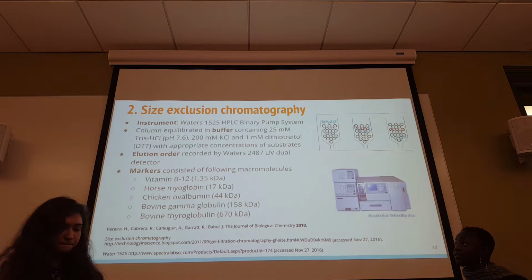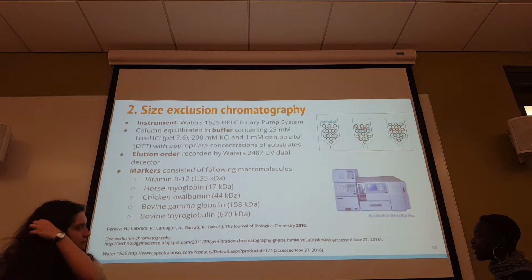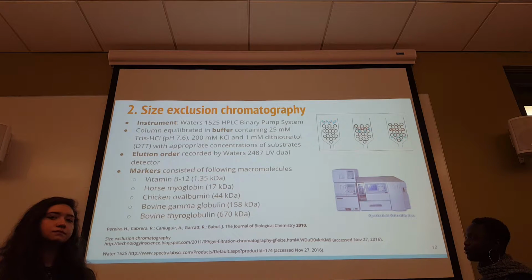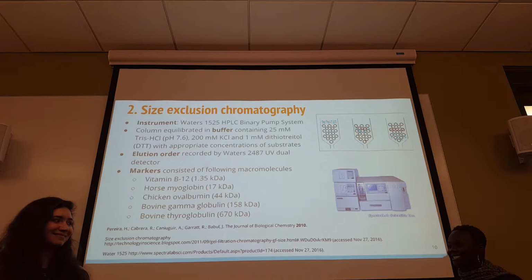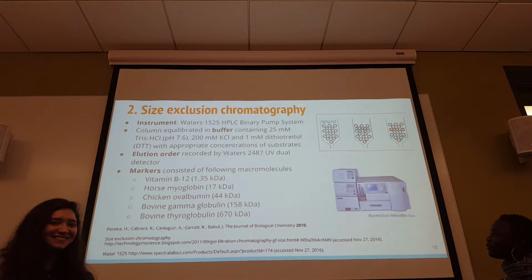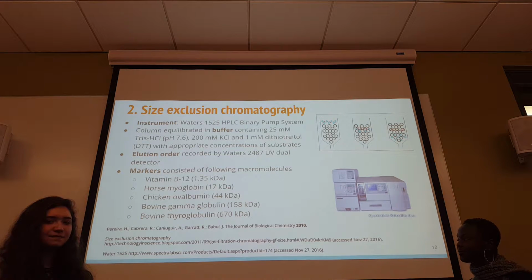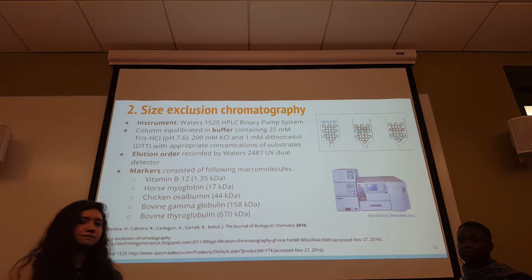The second part of the methods was size exclusion chromatography. Once the mutants had been created by way of mutagenesis, size exclusion chromatography was the technique used to separate them, again by size. Here we have the ladder, the macromolecules that were used to separate our mutants.